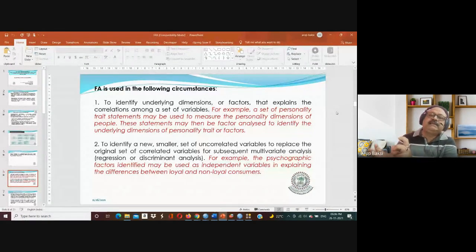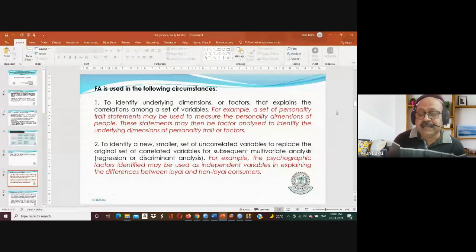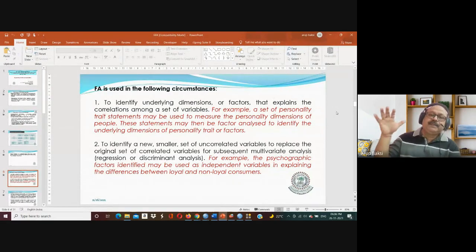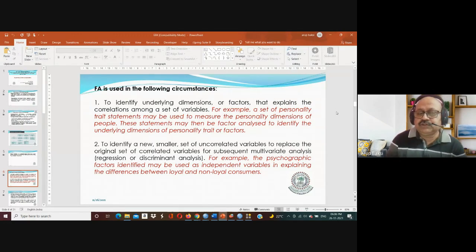So they populated the initial instrument with 125 variables or statements, against which they collected responses on a 1 to 7 point Likert scale. And when they put the entire data into an exploratory factor analysis, only 85 variables were retained. So out of 125, 40 variables got deleted simply because they did not show significant factor loading.